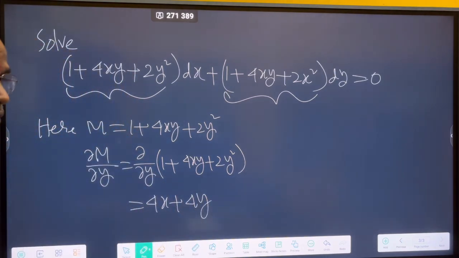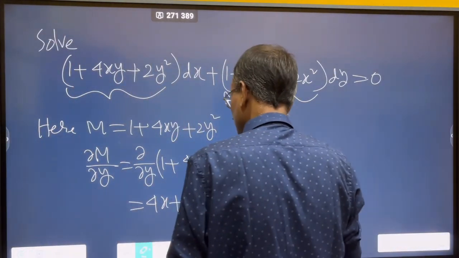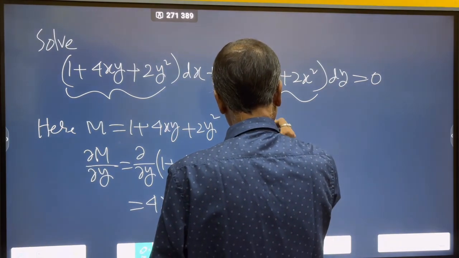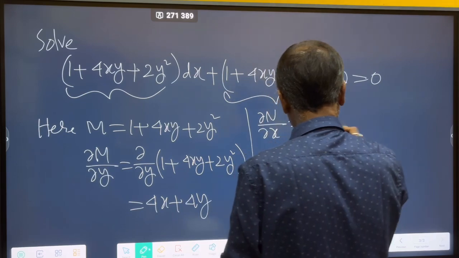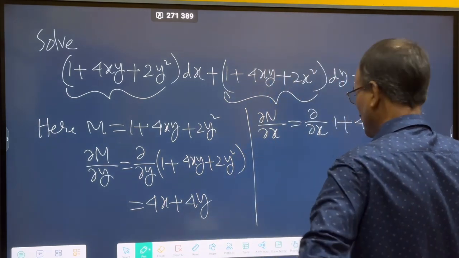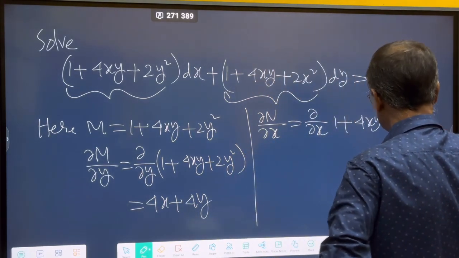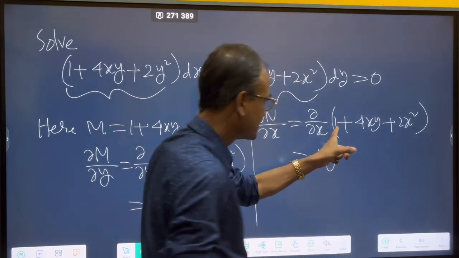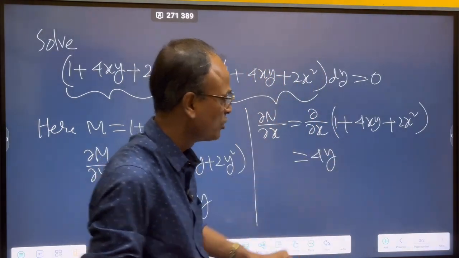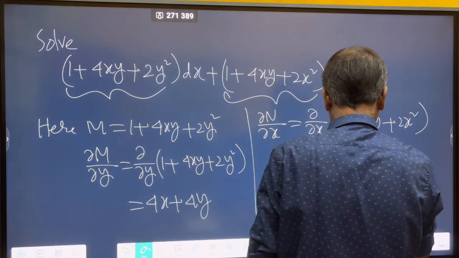Del M by del y is equal to this. Del N by del x is equal to del x of (1 plus 4xy plus 2x square). With respect to x, differentiation of 1 is 0. This is 4y, this is 4x.